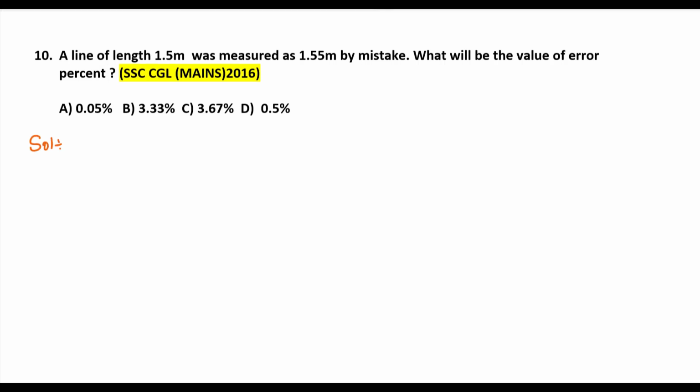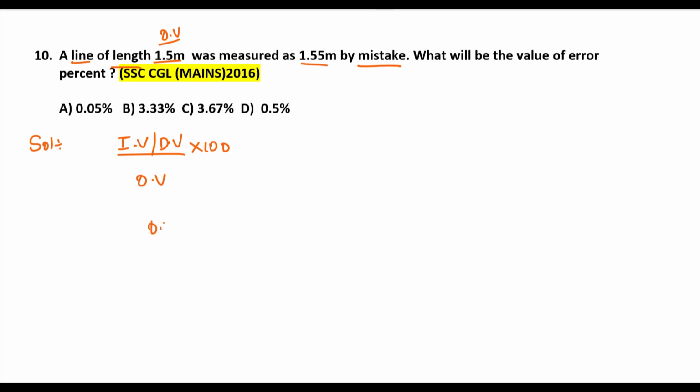So from the question we understand that there is a line of length 1.5 meter which was measured as 1.55 meter by mistake. So here our 1.5 meter is the original value. This kind of percentage error or value of error percent can be solved by using a formula, and the formula is increased value or decreased value by original value into 100.